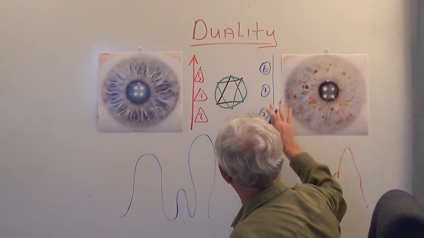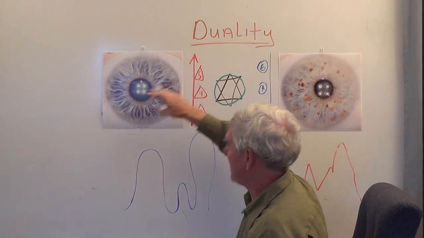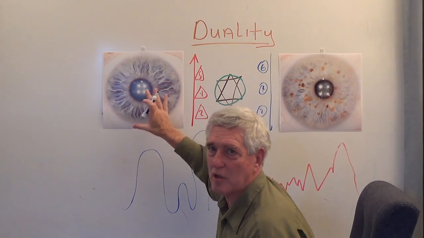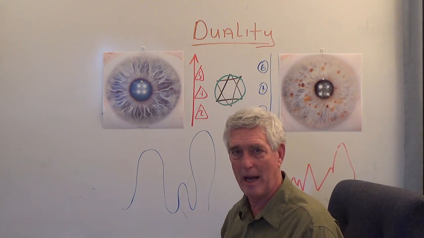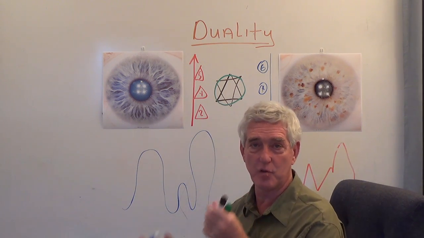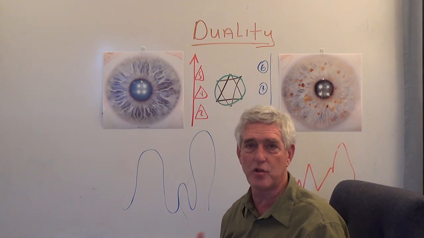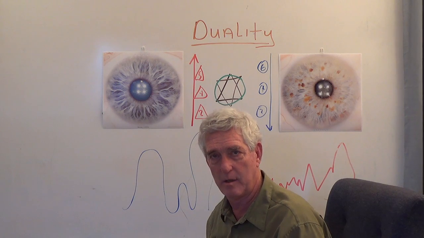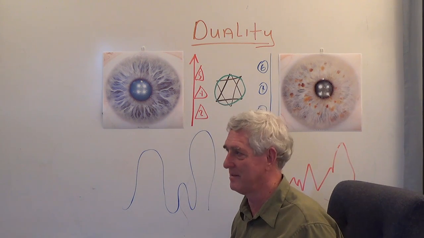So the descending yin and the ascending yang are the same structural kind of pattern. So you end up with a way of looking at dualities on top of dualities. So for me, there's just virtually no way to correctly interpret what an iris is doing without knowing the gender of that occupant of that pattern.